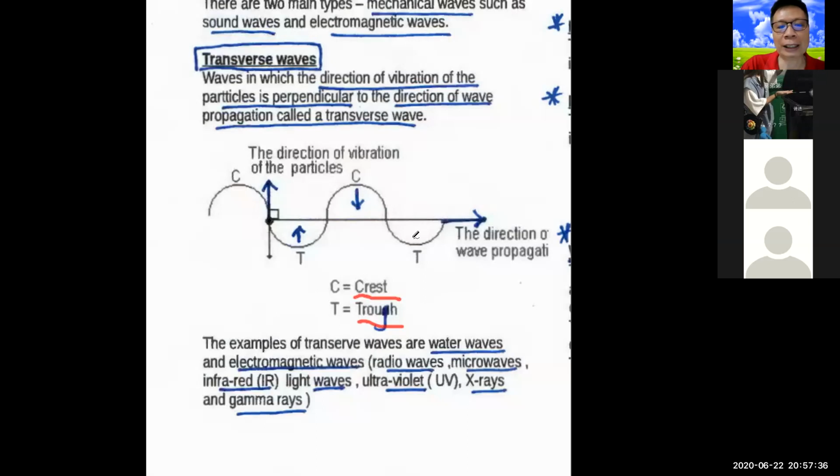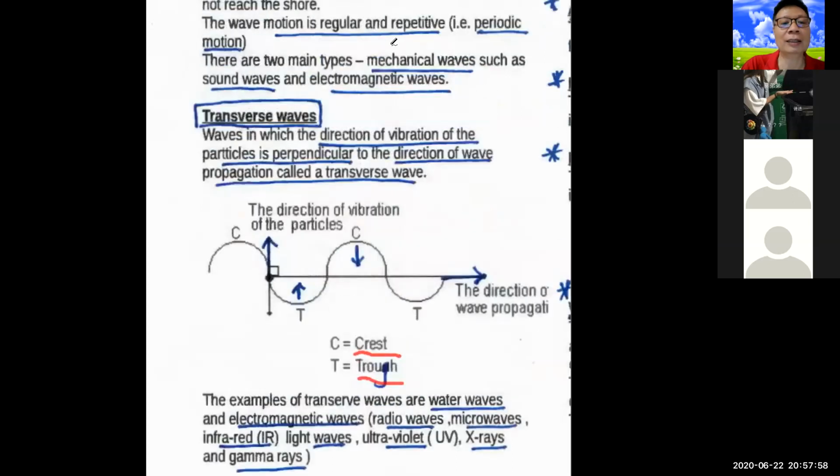This one is also maximum, but maximum negative displacement is trough. So remember: this is maximum positive displacement, and this is maximum negative displacement. So crest and trough, remember? A lot of terms here. Now go and memorize everything here. Take some time and digest everything.